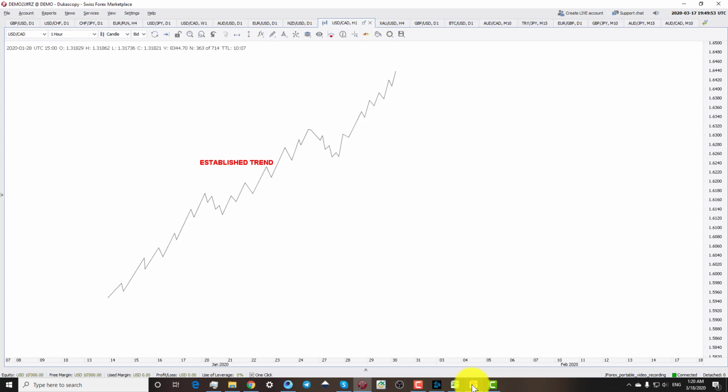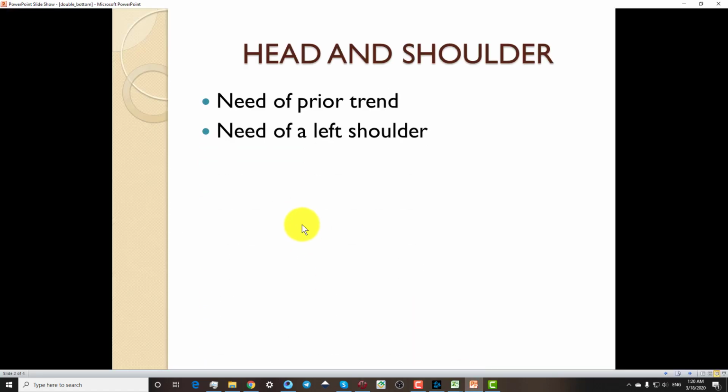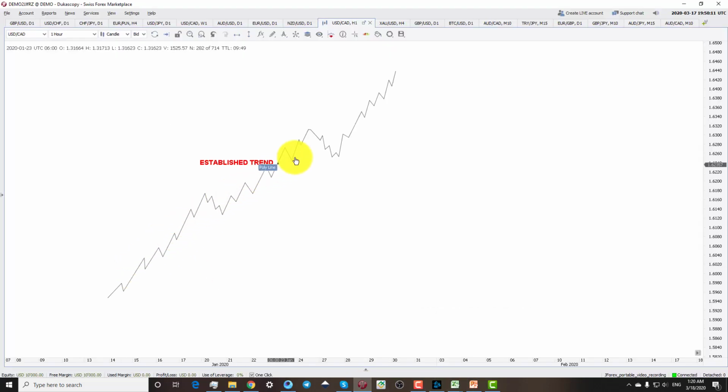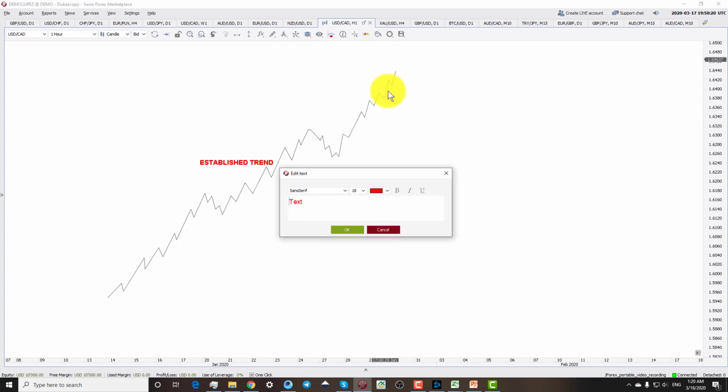Then what we need is a left shoulder. Now how is this left shoulder formed? The left shoulder is formed when there is a significant correction from the peak in a trend. Now this is a trend, and say this is a peak. I'll write this as peak 1.